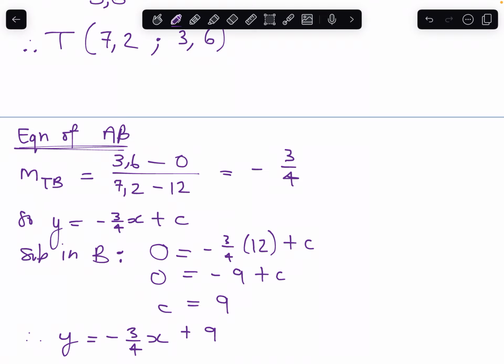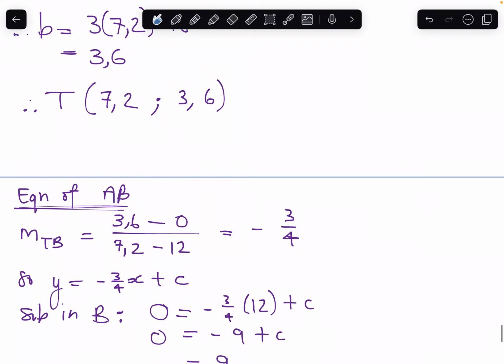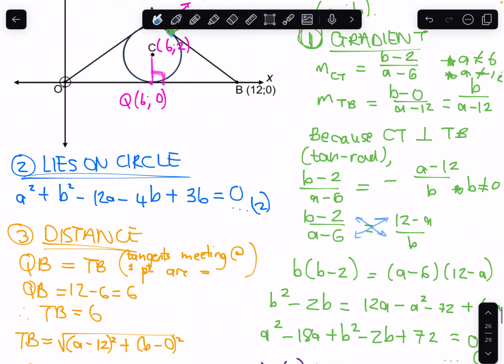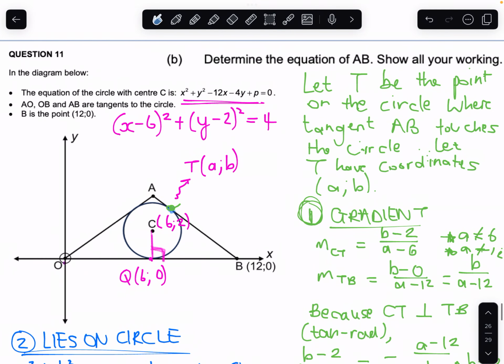Okay, so I really do just quickly want to run through what I've done, firstly for me to double check my workings, but also to give a summary. So first I decided to name this point T, the point where AB contacts the circle. I said, okay, suppose its coordinates are (a, b).